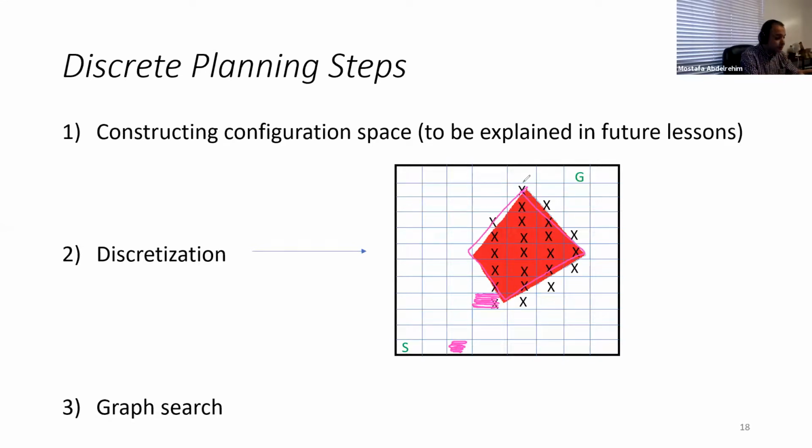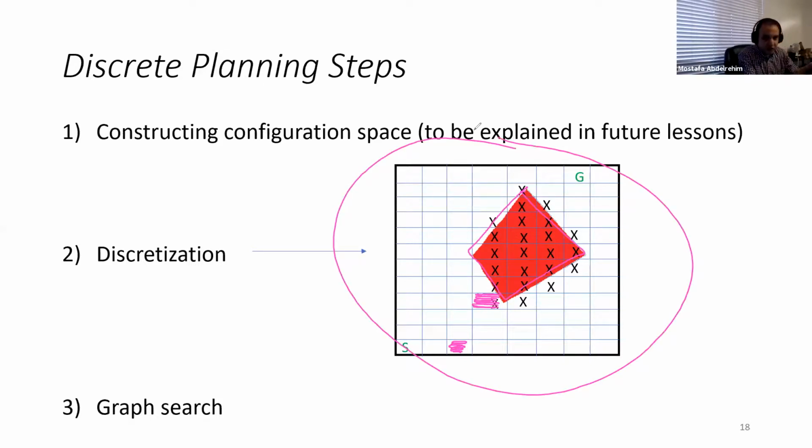To construct such a grid, we need 2 things: the environment geometry, for example where the obstacle is, and also the robot geometry. I just explained how we construct this grid, assuming that the robot is just a tiny point in the grid, but we should also consider the shape of the robot.